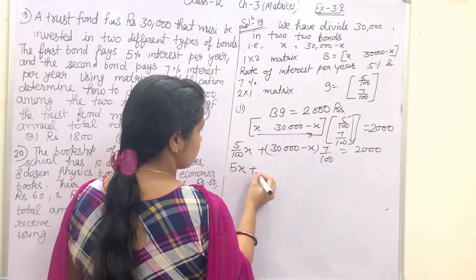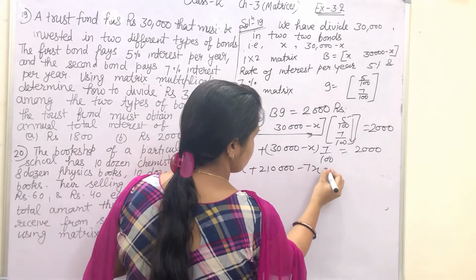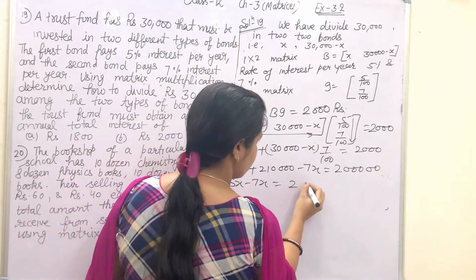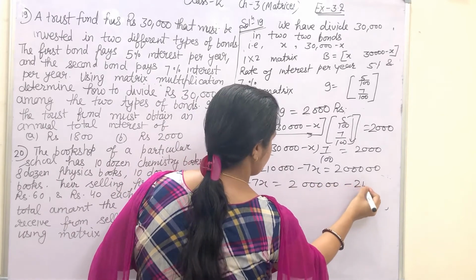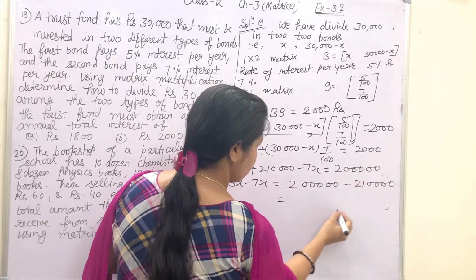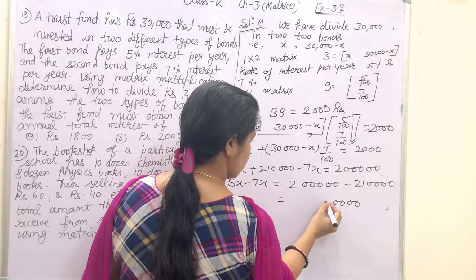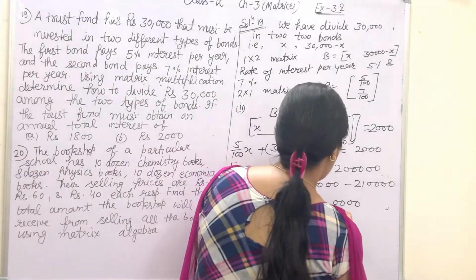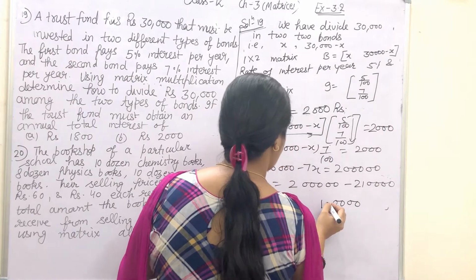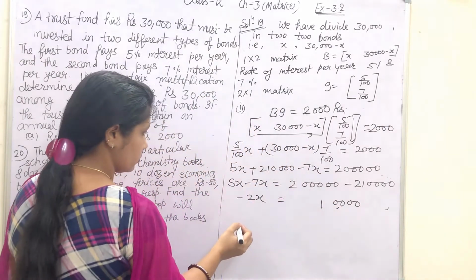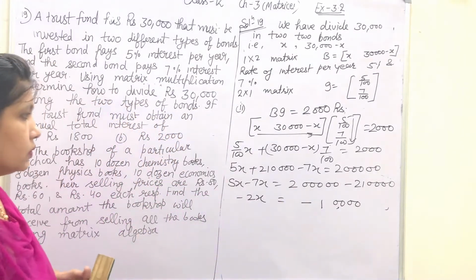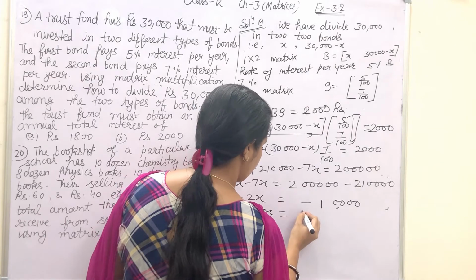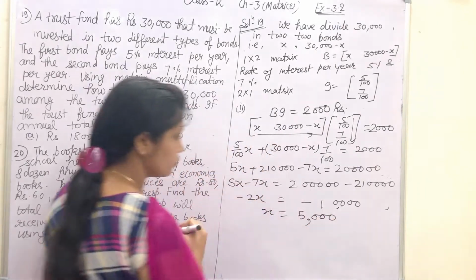Now taking LCM, 5x minus 7x equal to, we get here, now we can write x equal to 5000.